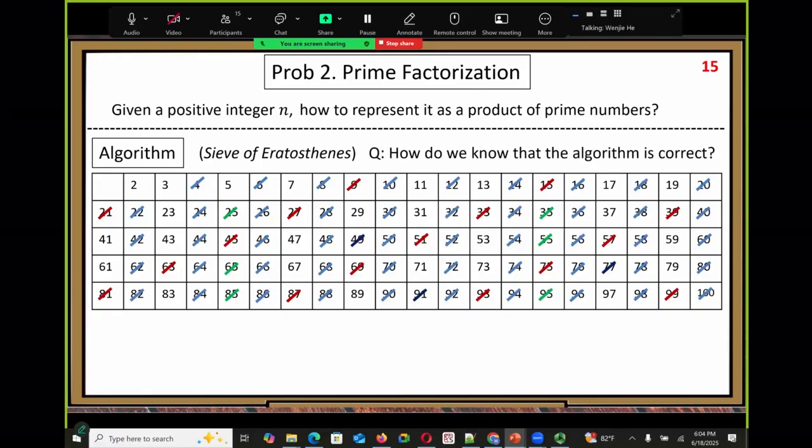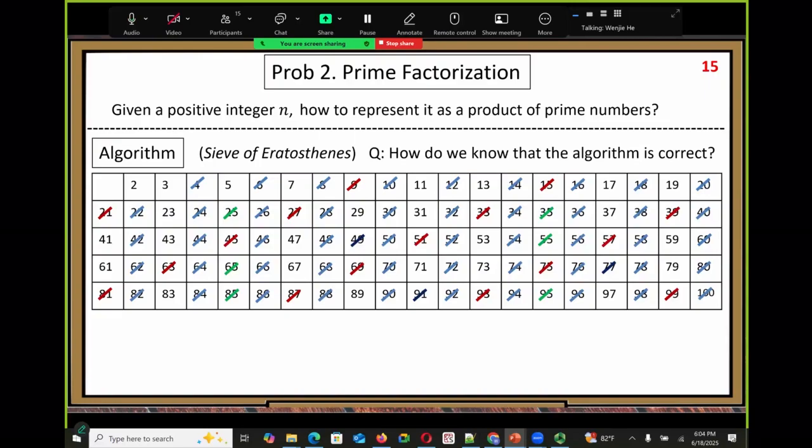How do you know it is correct? How do you know that after the fourth round you get all the prime numbers? That conclusion is correct, but we need to prove it.